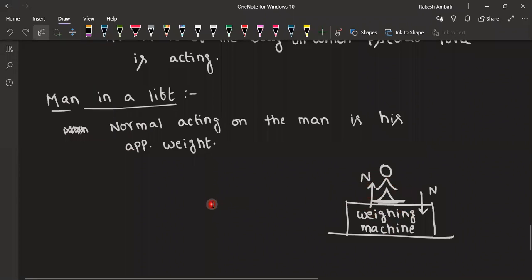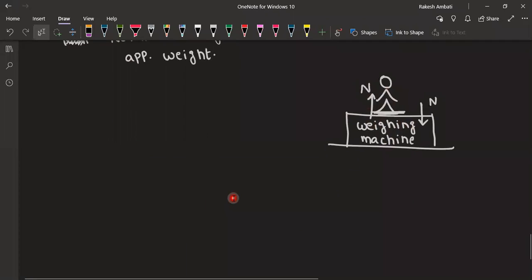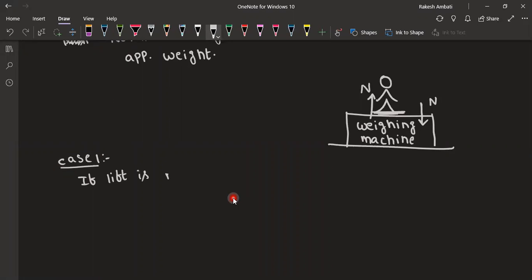Write down the first case. If the lift is moving upwards with acceleration a.